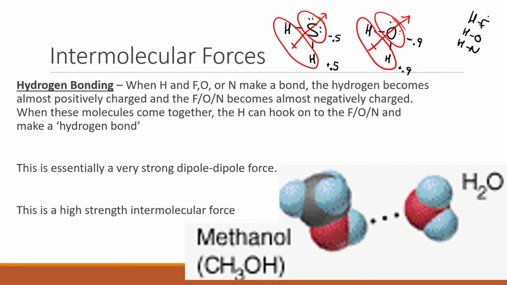And these three are the biggest, strongest, most polar bonds that exist, and so they just get this special designation. Hydrogen bonding allows for a much stronger attraction between multiple copies, where a dipole-dipole is still stronger than a dispersion force, but not as strong as these bonds here.